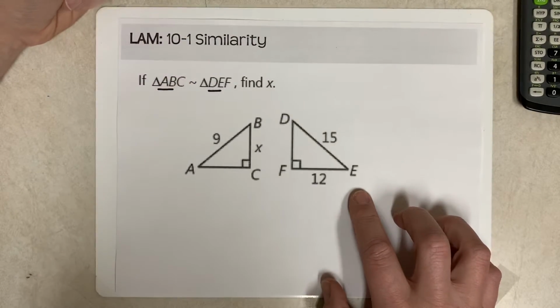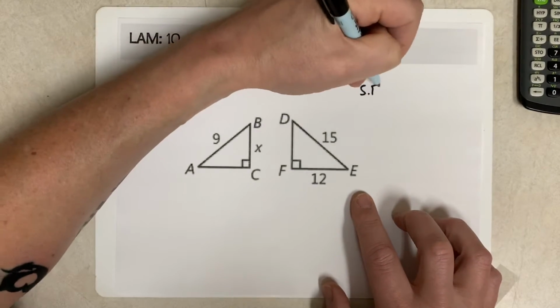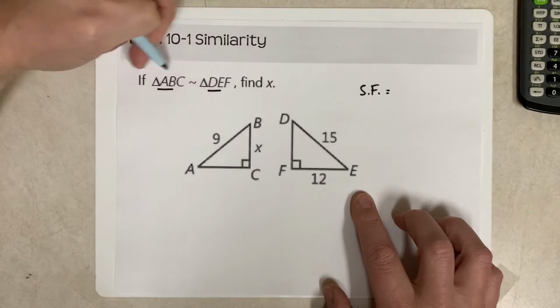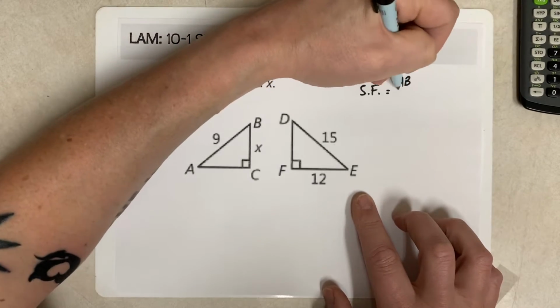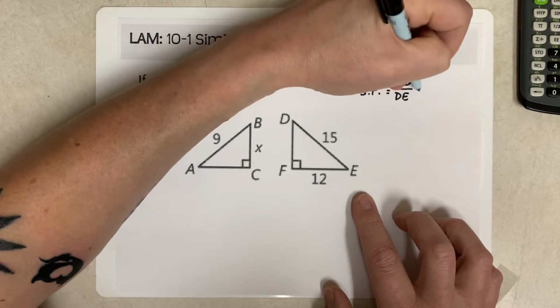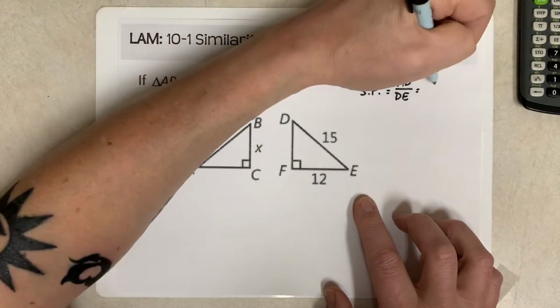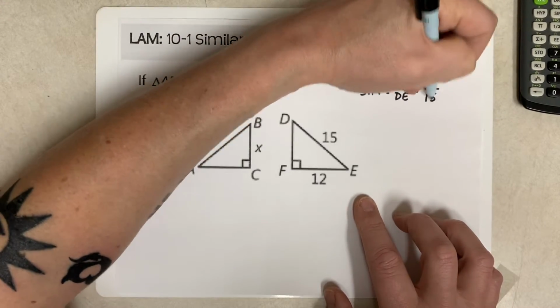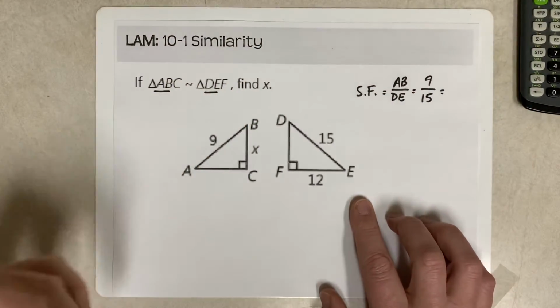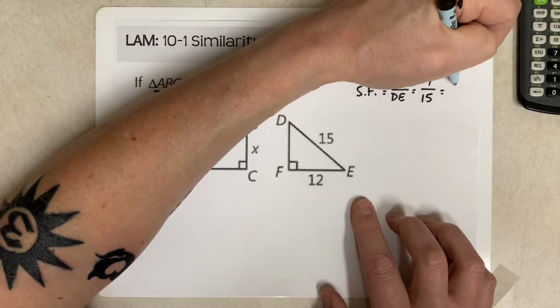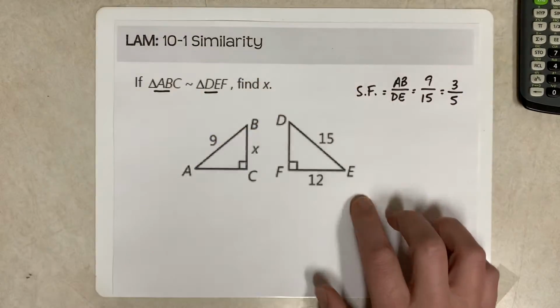So we can find our scale factor. The scale factor would be AB over DE, which is going to be 9 over 15. We can divide both of those by 3, and we're going to get 3 over 5.